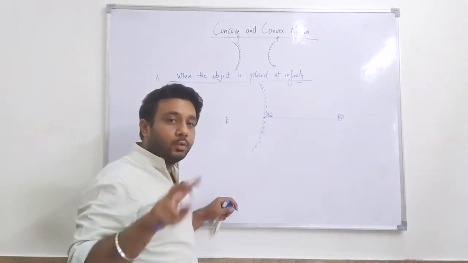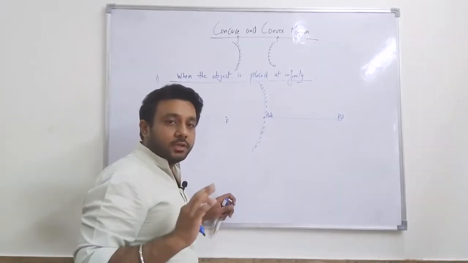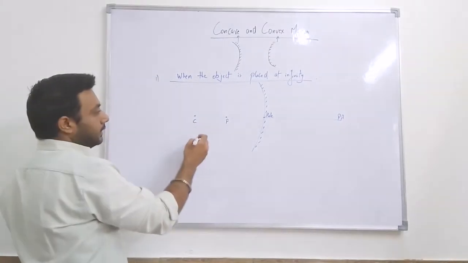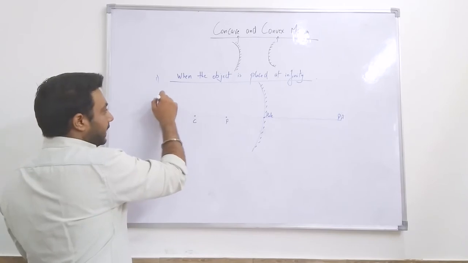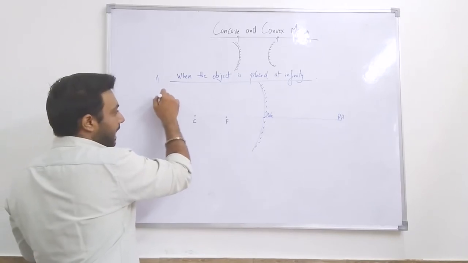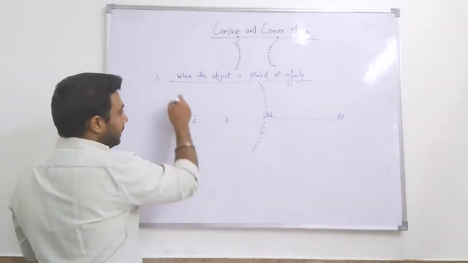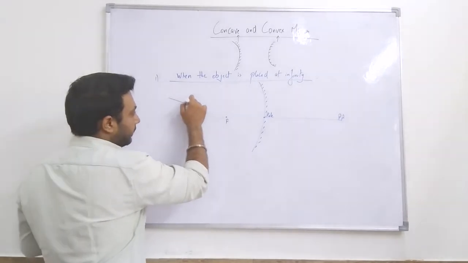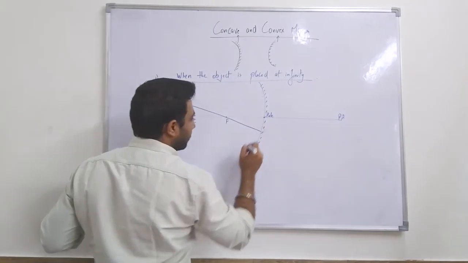We will always take 2 rays for the formation of the image. Okay, then let us take 2 rays that are coming parallel to each other. First ray is this.